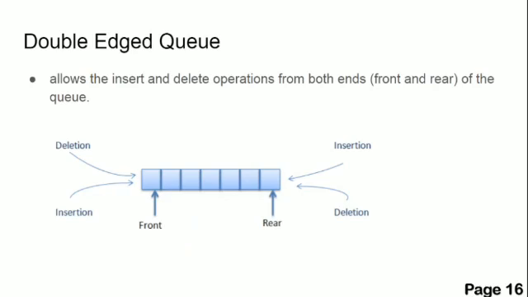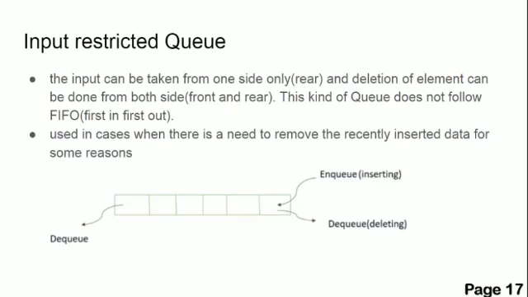Double ended queue: allows insert and delete operations from both ends, front and rear, of the queue. It means in this queue we can perform both insertion and deletion on both sides, either front or rear. Input restricted queue: the input can be taken from one side only, the rear, and deletion of elements can be done from both sides, front and rear.